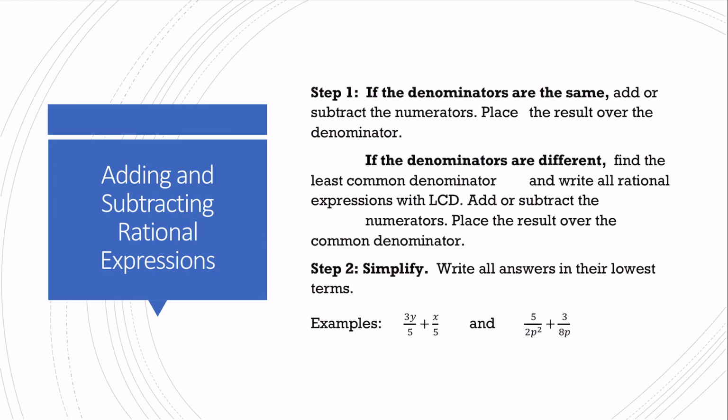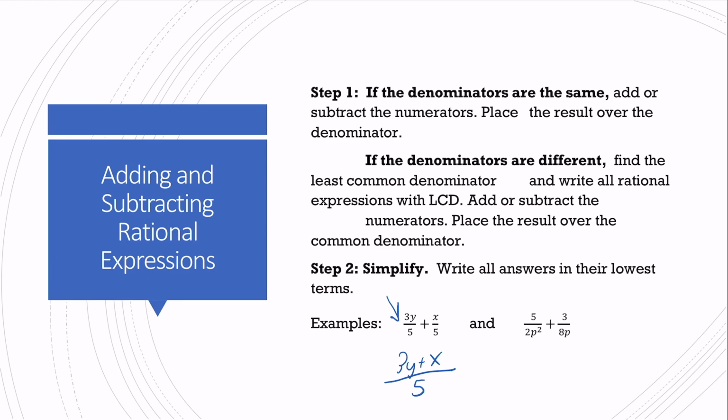So when we're adding and subtracting rational expressions, if the denominators are the same, we add or subtract the numerators and place the results over the denominators. That's this first example here, right? When we're adding or subtracting fractions with the same denominator, we add or subtract the numerators and just write them over the same denominator.